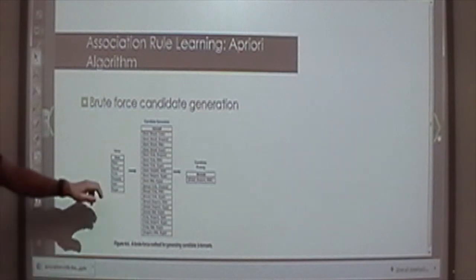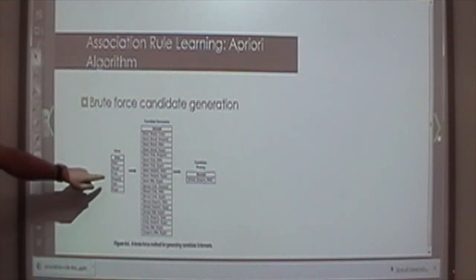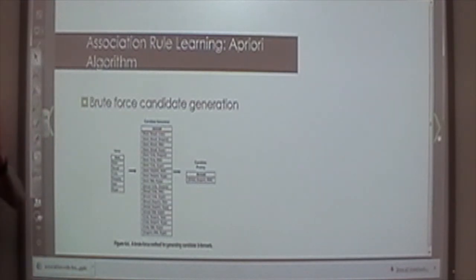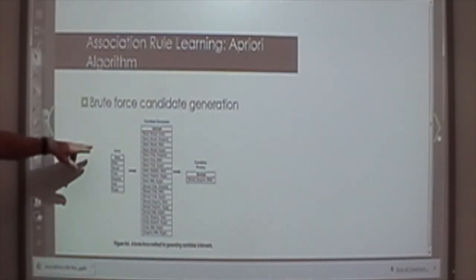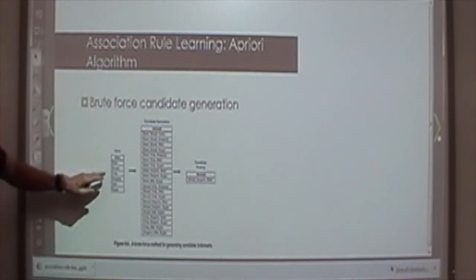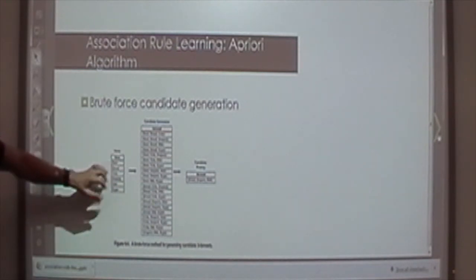I don't know if everyone can see here, but this one possible method is, again, brute force. But this is just brute force for the candidate generation. So here we've got our items: beer, bread, cola, diapers, milk, eggs.